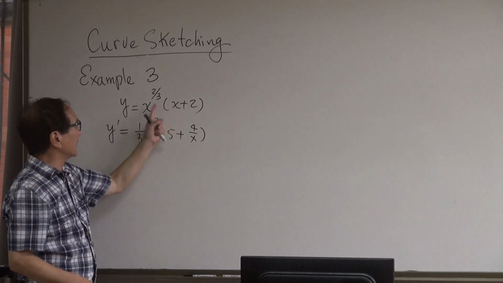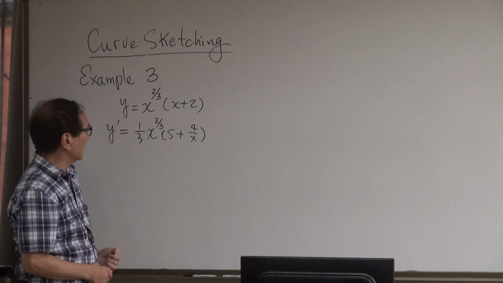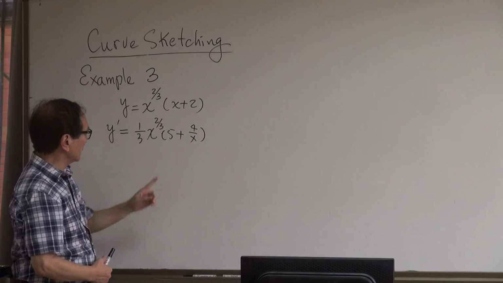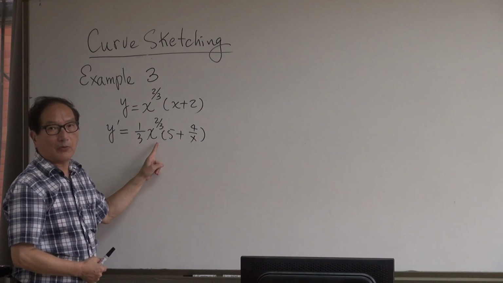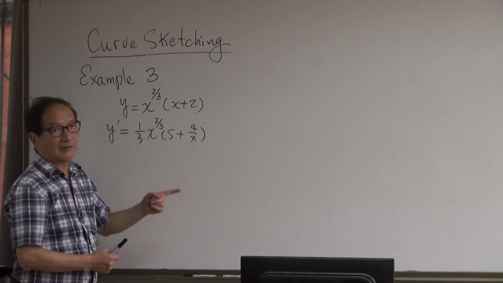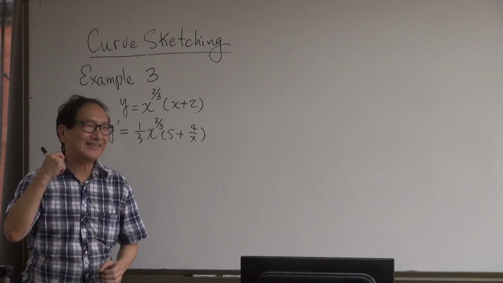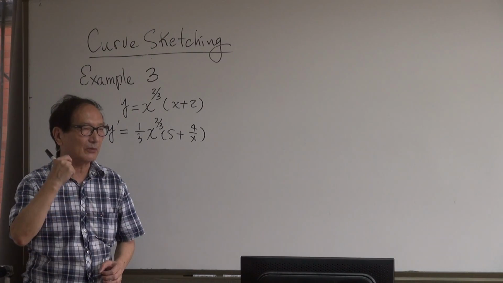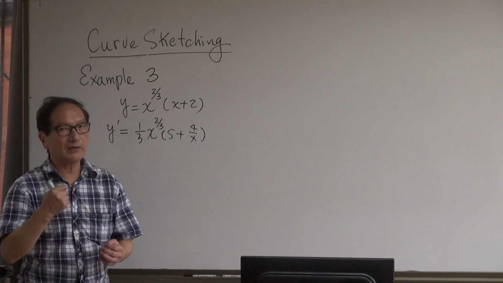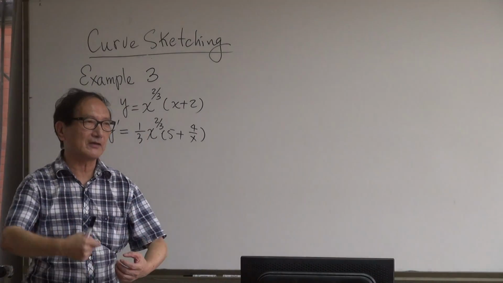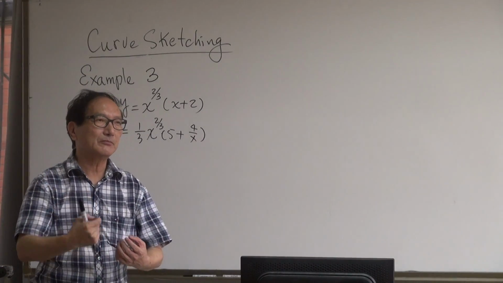Or you can multiply them out to find the derivative separately, and you simplify to this form. Why do we need to simplify to this form? Because from this form we can easily find the value of x when the derivative equals 0. Why do we need the derivative to equal 0? Because we need to find the maximum and minimum points.